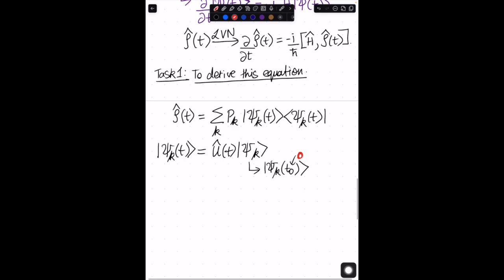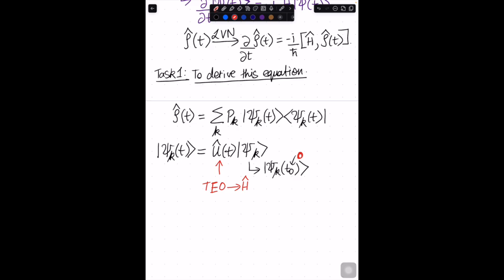So this is your time evolution operator, I call it TEO, for this particular quantum system. And this time evolution operator is driven by the Hamiltonian H. In this case, I will assume that the Hamiltonian within the time evolution operator depends on time.